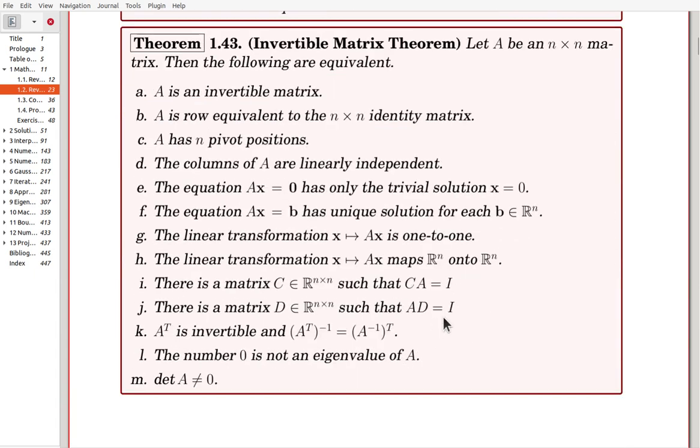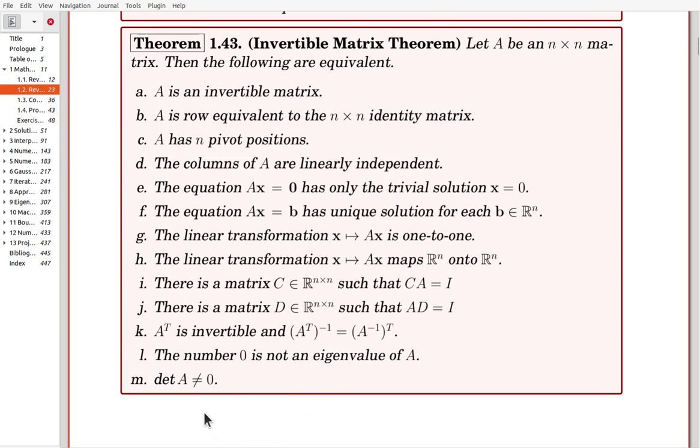Here we have the invertible matrix theorem. These all are equivalent. A is an invertible matrix. A is row equivalent to the n-dimensional identity matrix and has n pivot positions, and these equivalent terms are really well known.